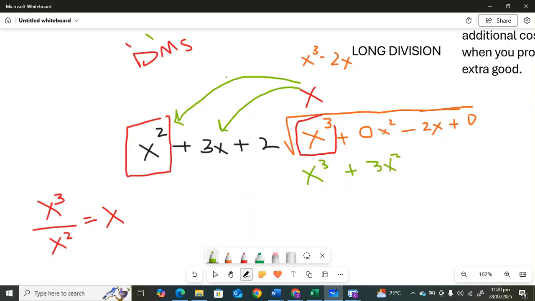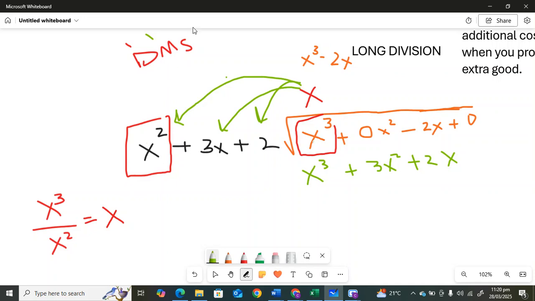So if you did not include this 0x squared, the time we're going to be subtracting, you'll find you'll be unable to subtract with this 3x squared here. Then x multiplied by 2, you get positive 2x. Okay.